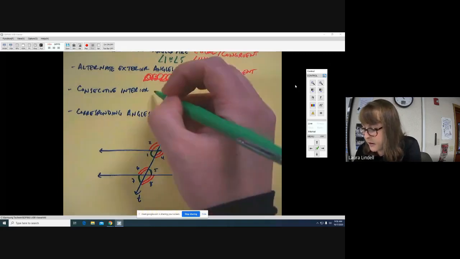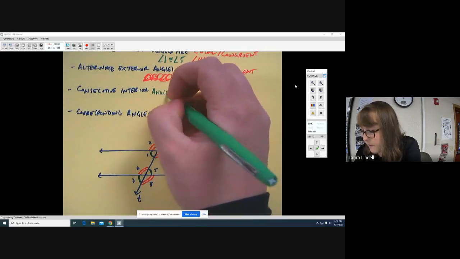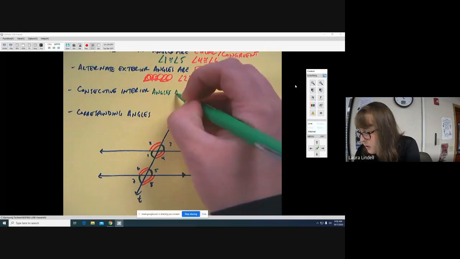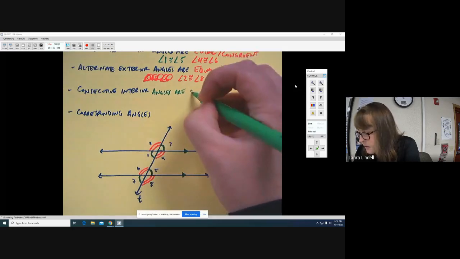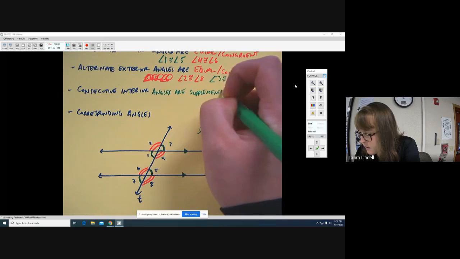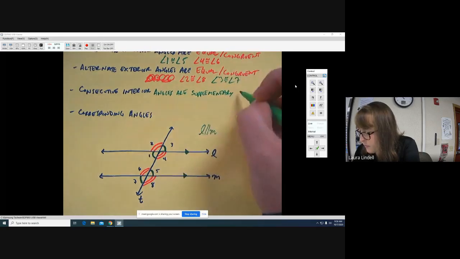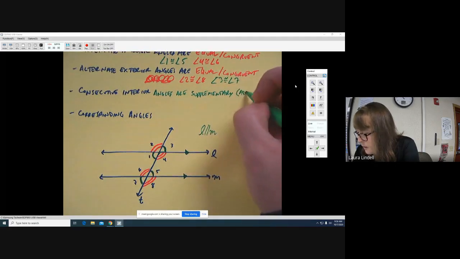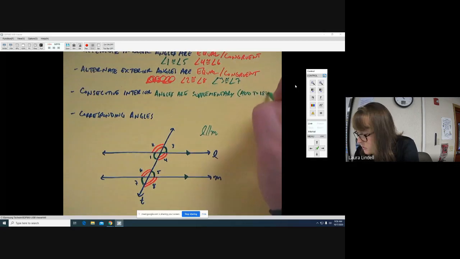Consecutive interior angles are supplementary. Add to 180.